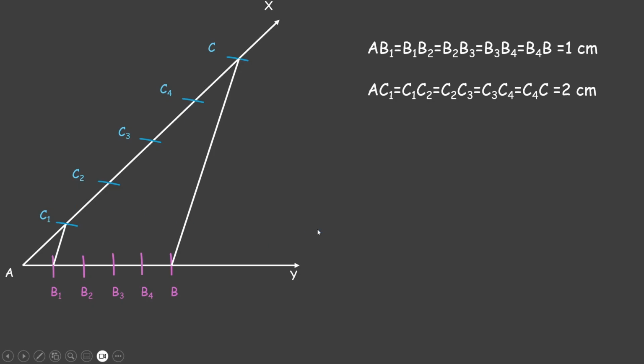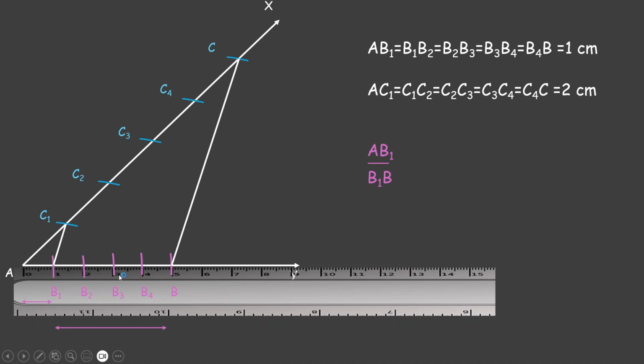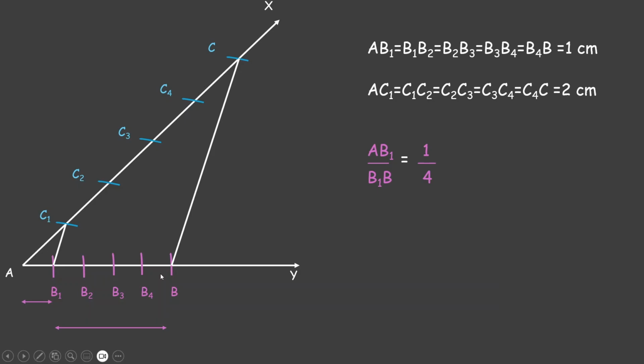Now, if you check the ratio of AB1 to B1B, we know that we have placed the arcs at 1 centimeter each. AB1 is 1 and B1 to B is 1, 2, 3, 4. So the ratio is 1 by 4. Similarly, let us find the ratio of AC1 to C1C.